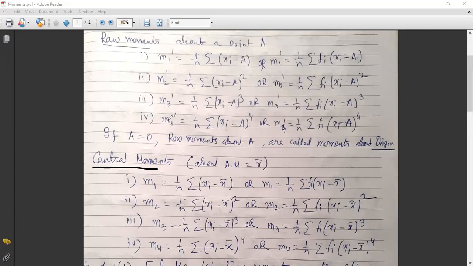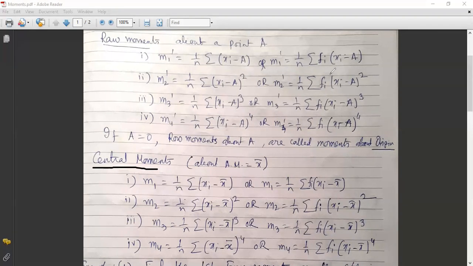Now, what is the formula to represent them? Raw moment about a point. Moment is basically the summation of the differences of the values xi minus a, the observations.